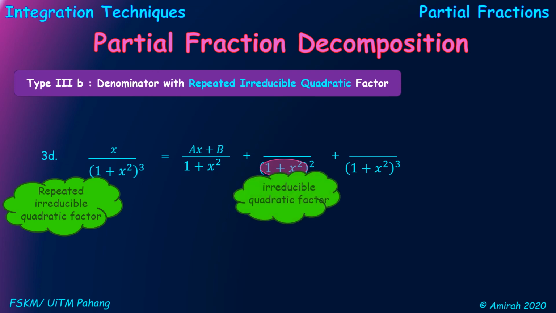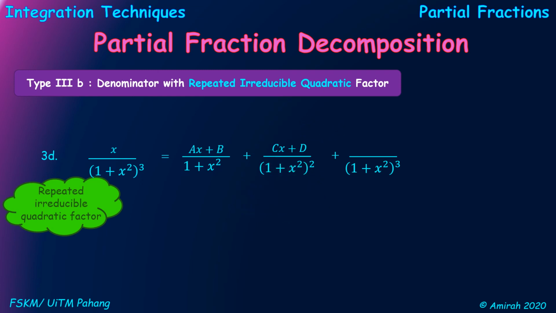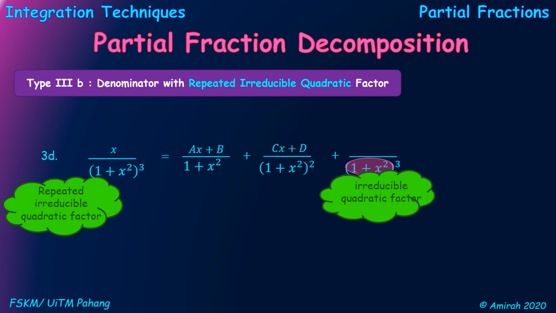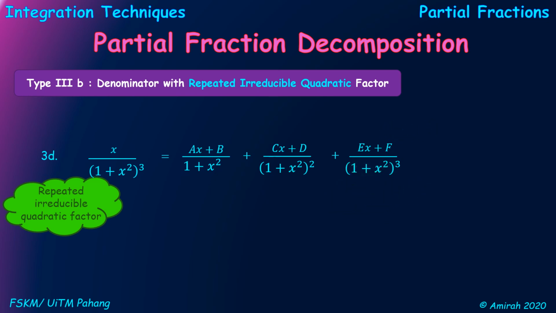So the factor in bracket is irreducible quadratic factor, so numerator should be linear, which is cx plus d. And then for the third denominator, we have in bracket 1 plus x squared, which is irreducible quadratic factor. So we can write numerator equals to linear factor ex plus f.